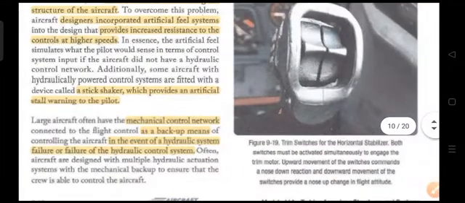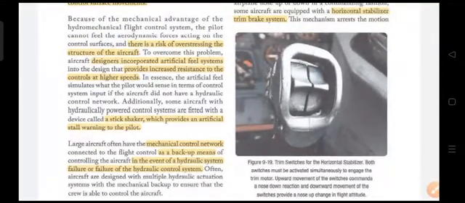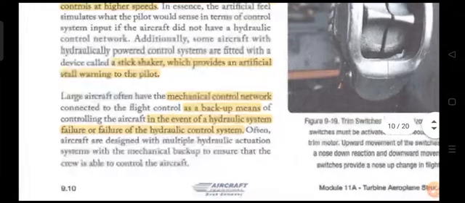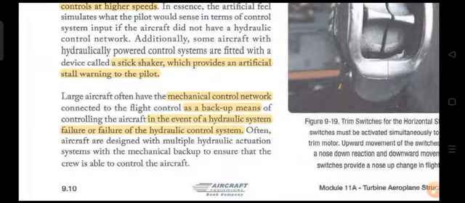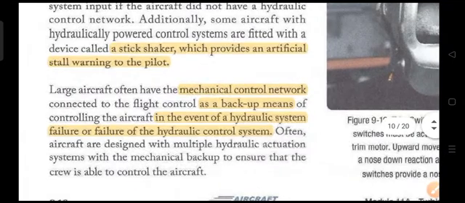It is basically the control column in the cockpit that is moved artificially with the help of a motor connected to it at the bottom, inside the cockpit pedestal area. That will shake the control column very vibrantly, so that the pilot can understand that there is some problem.